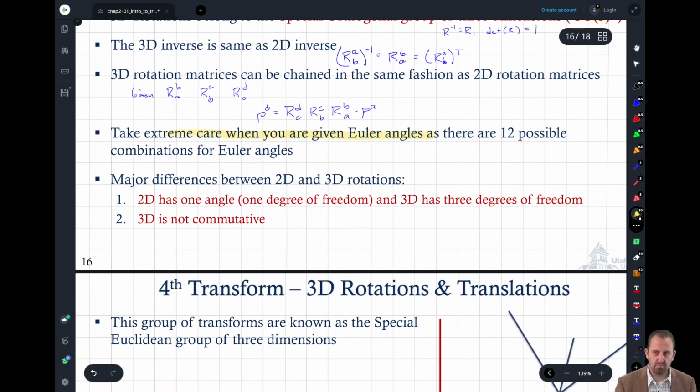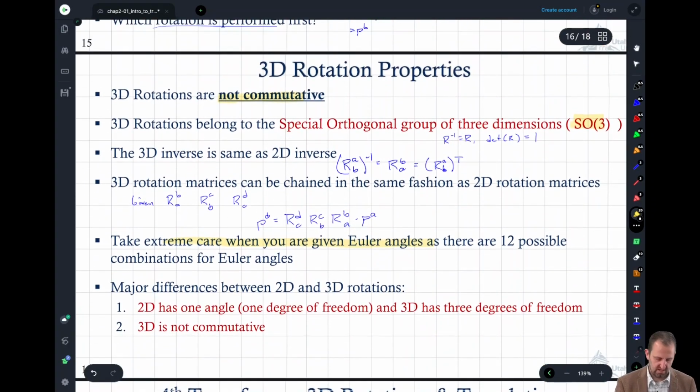Okay, so the two big differences between 2D and 3D rotations is that 2D has 1 angle, 1 degree of freedom, and 3D has 3 degrees of freedom. So we have to define 3 parameters to get our 3-dimensional rotation matrix. Another thing to note is that 3D is not commutative.